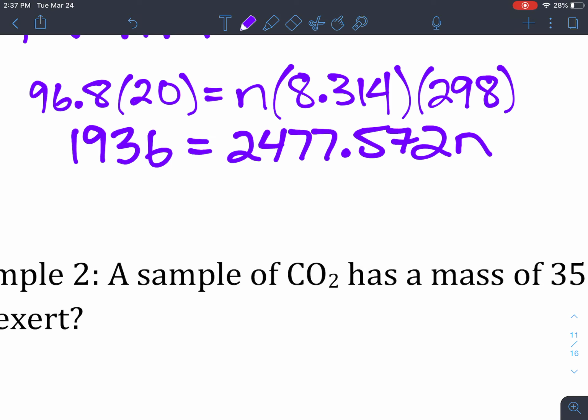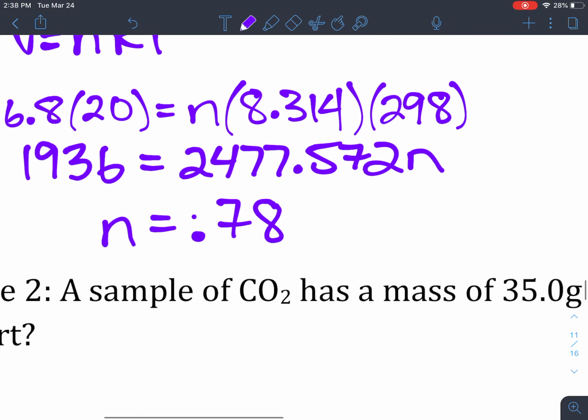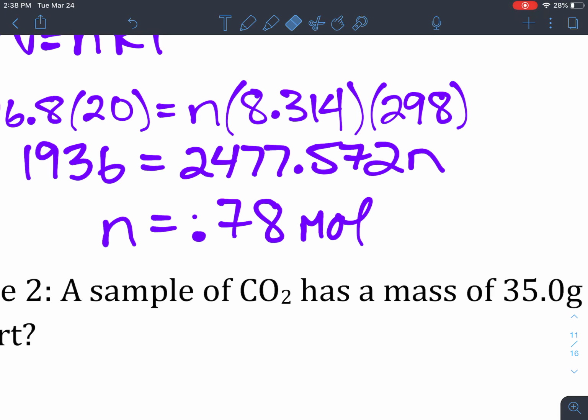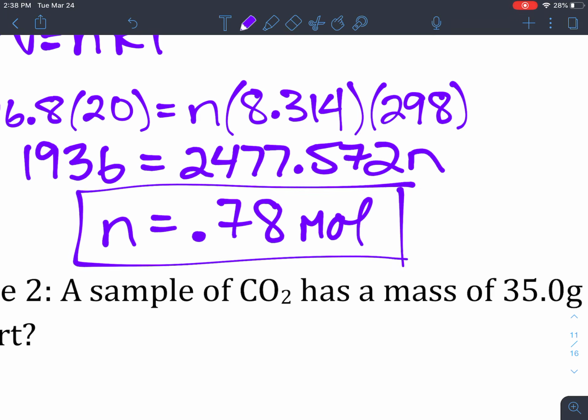So it's 1936 divided by 2,477.572, and that equals, or N equals 0.78, and that's number of moles, so we can just put unit mole at the end there. And that is it for that one.